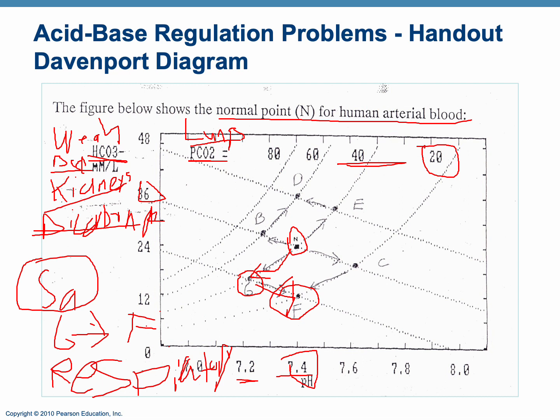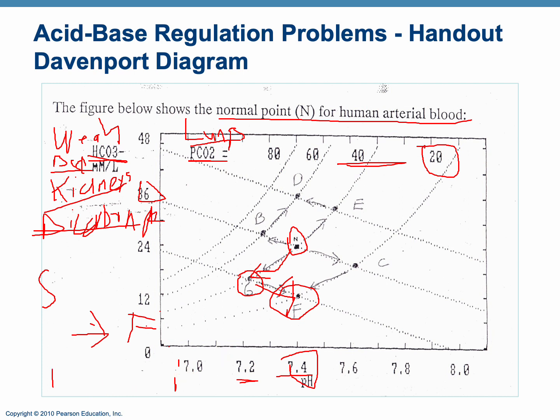All right, doing the next one here. We're going to look at 5B, going from C to F. So good times ahead for sure.